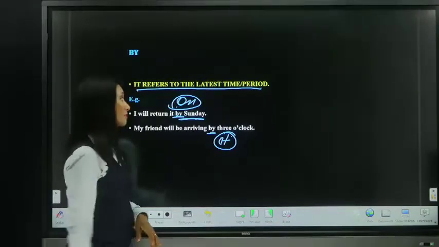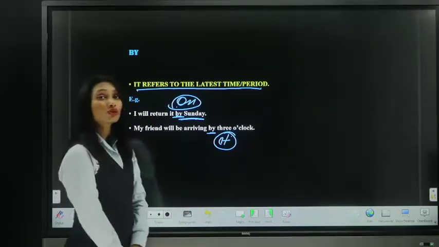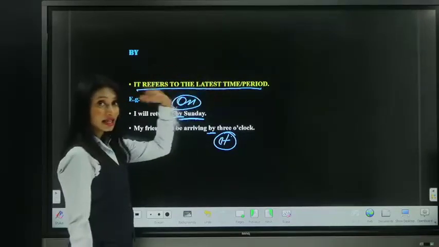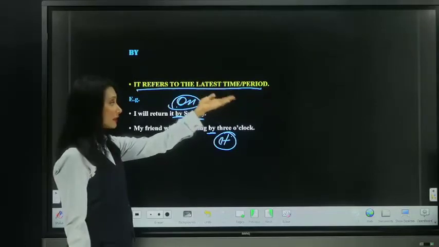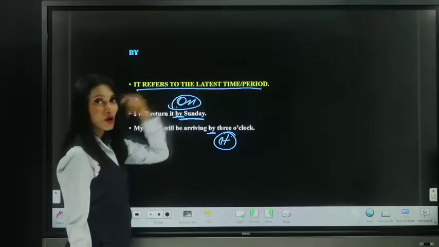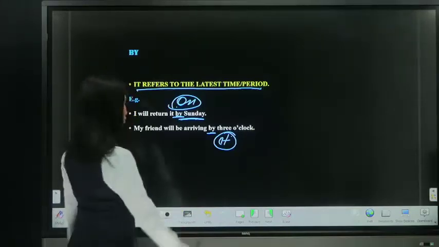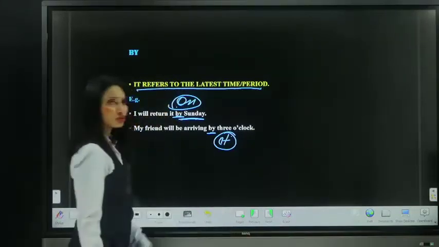So do remember, by is used to refer to the action that happened before the time mentioned, the latest time or period, that is preposition by. Do not get confused. So let me give some sentences and you try to fill them so that you'll have a clarity.